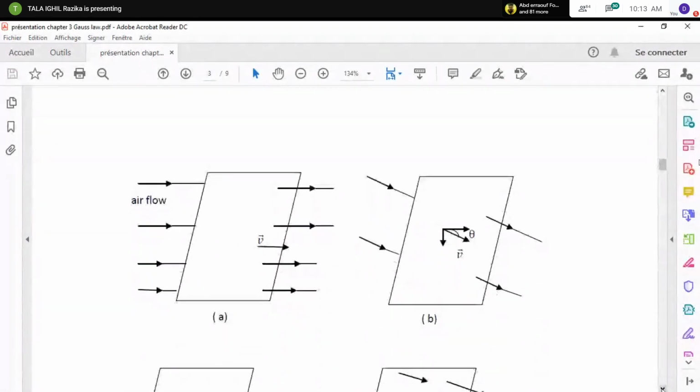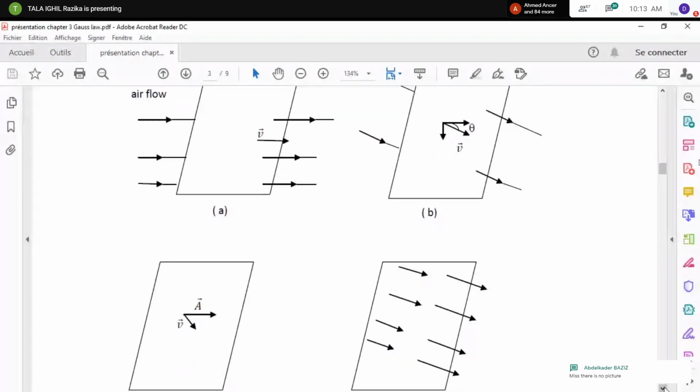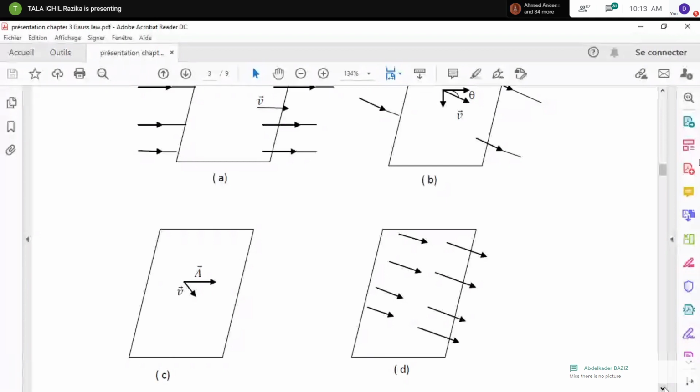If the airflow is parallel to V, we can consider that the total air is passing through the loop. But if V has a certain angle theta with A, in this case, we don't have the totality of the flux, so just a part of it will pass.